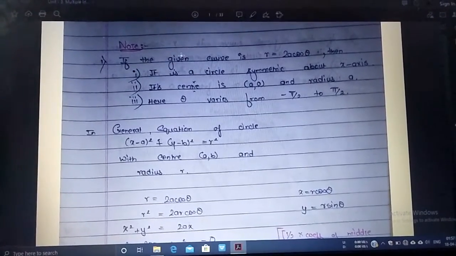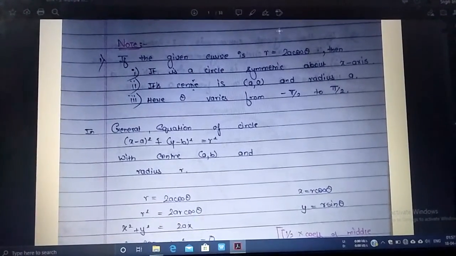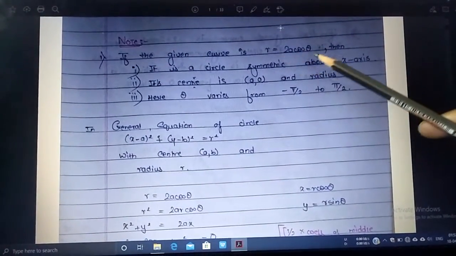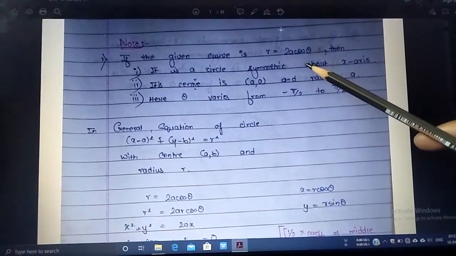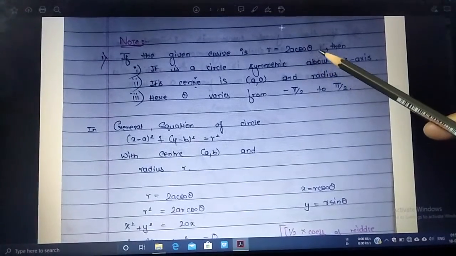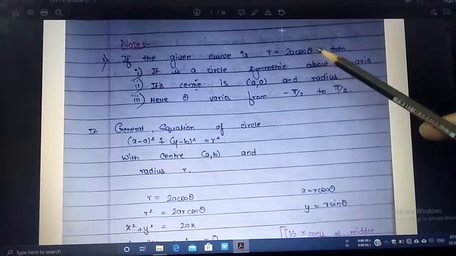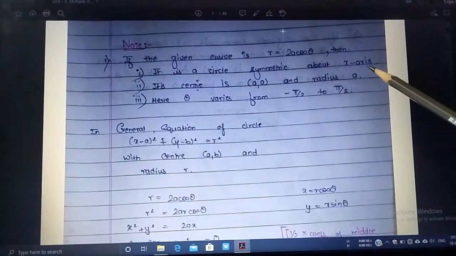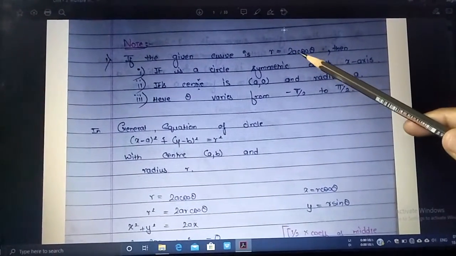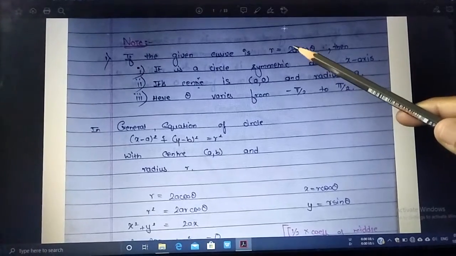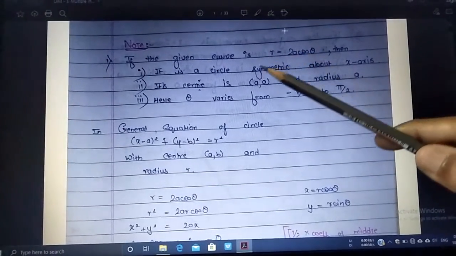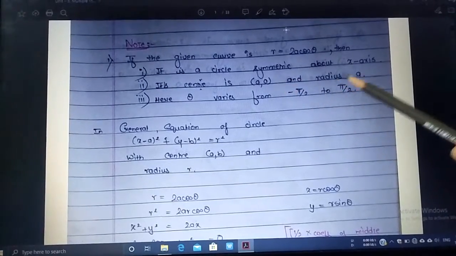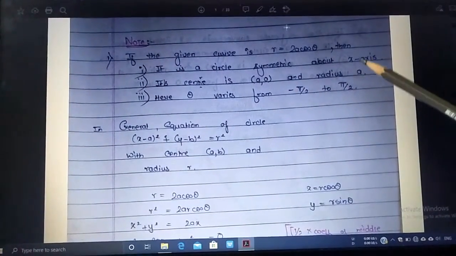First, if the given curve is r equal to 2a cos theta, the equation of the curve is given in terms of r and theta. This represents a circle symmetric about x-axis, with center at (a, 0) and radius a.